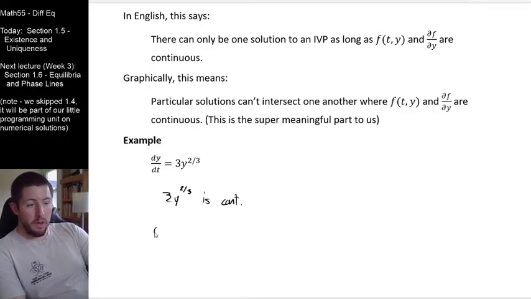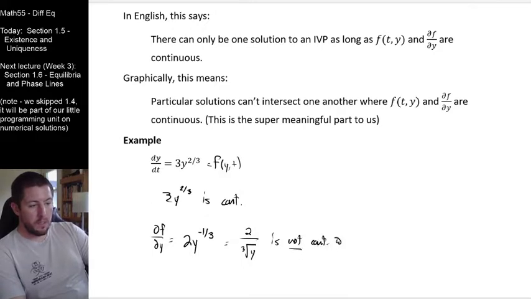We can take its partial derivative here. We're calling this thing our f of t,y. So I'm going to take my partial of f with respect to y. And what do we get? Well, the 2/3 pops down, and we subtract 1 from the power. Notice, very importantly, this is not continuous at y equals 0.